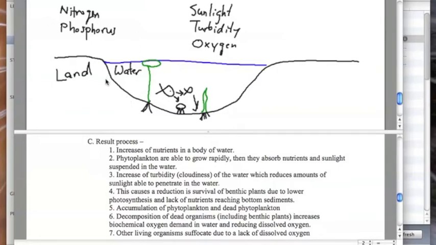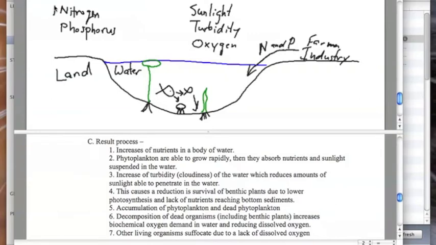Now, if any of these things were to change, there's a good chance that that aquatic ecosystem could be affected. So a lot of times, if we increase the nutrients in the body of water, let's say there is a factory possibly, or a farm, so things like farms, especially fertilizer or different industries, those two types of places or other human factors could lead to an increase of nitrogen and phosphorus or phosphates getting into there.